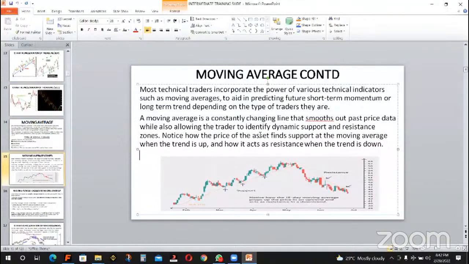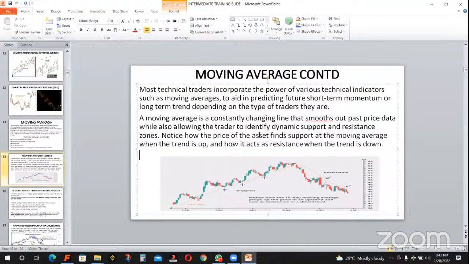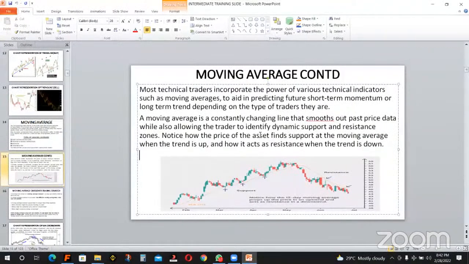We discussed psychological round numbers. When we discussed trend lines, we said if the market is trending, you use moving average in a trending market, not a ranging market. Once you have seen that, you plot your moving average. I'm giving you a signal now.